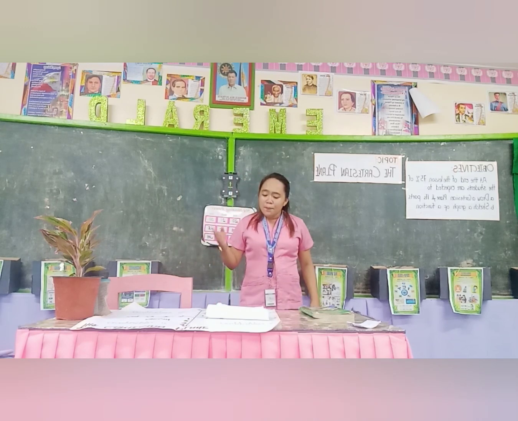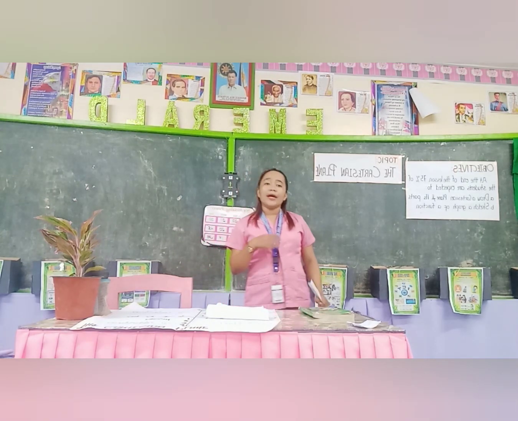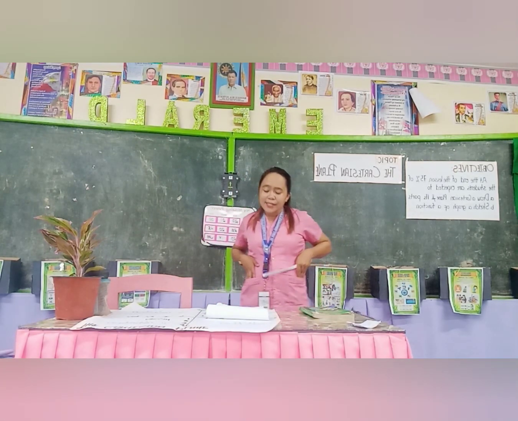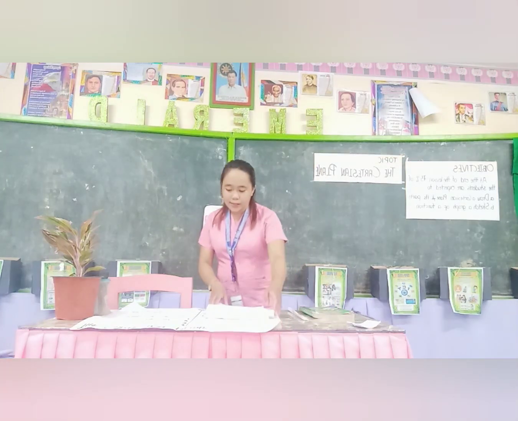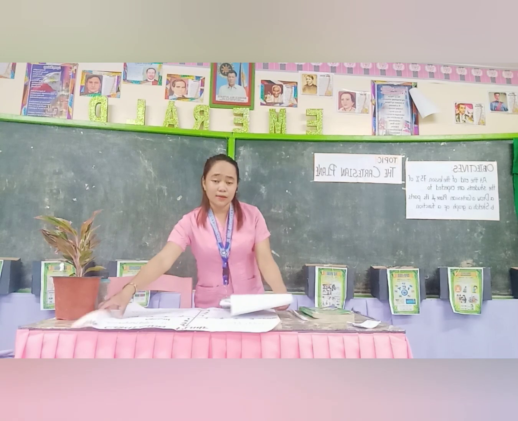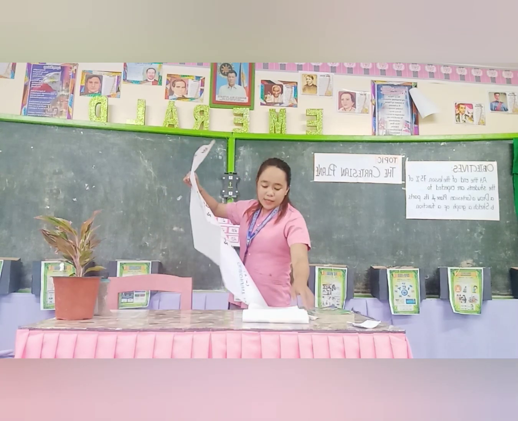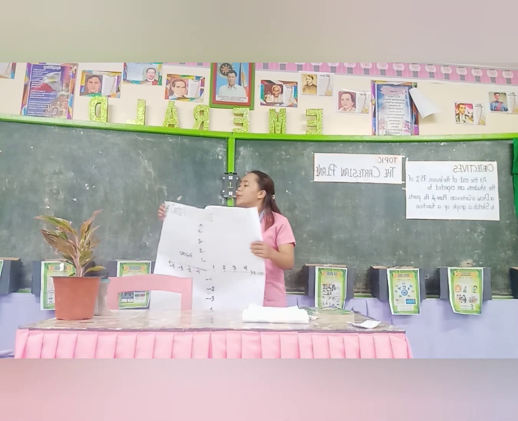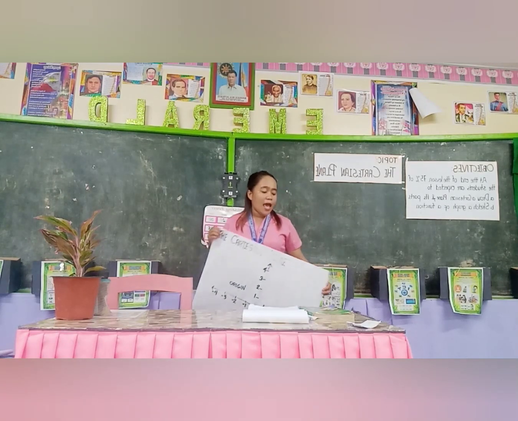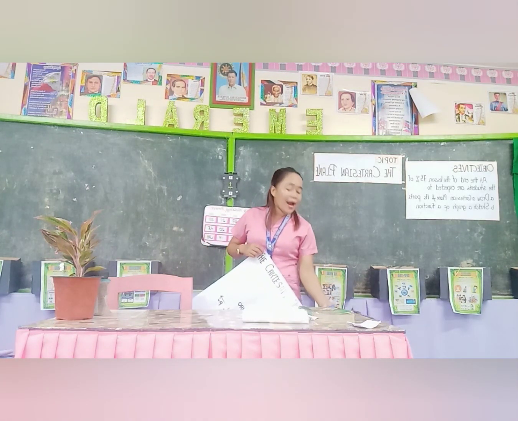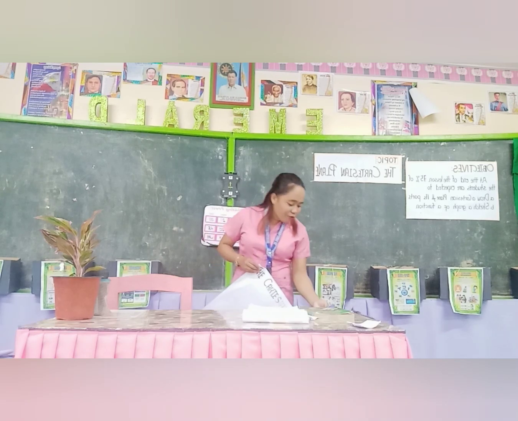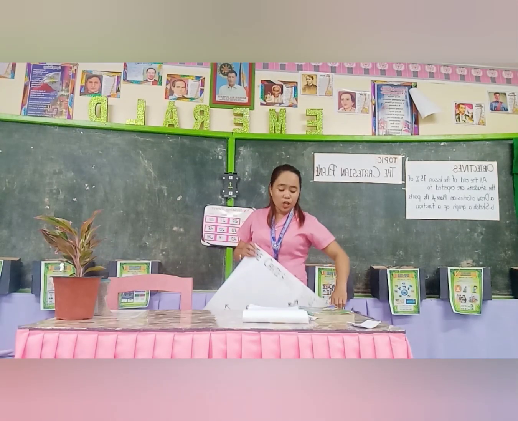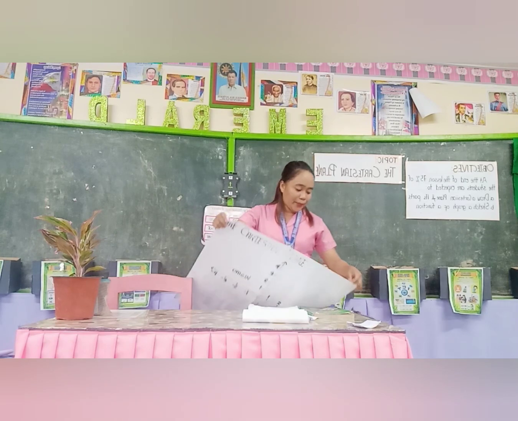So the Cartesian plane is formed by two real number lines intersecting at right angles. I have here the illustration of the Cartesian plane.